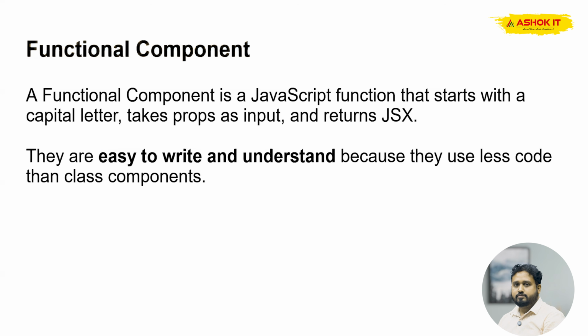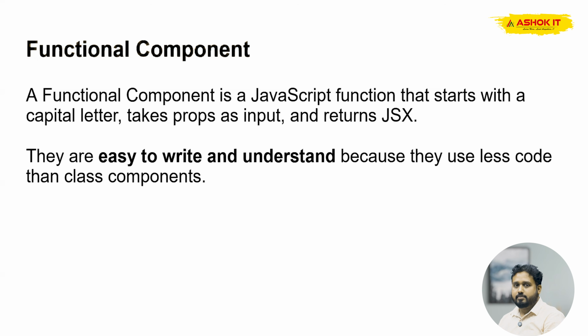Now why do we use a functional component? The JSX code which we have learned how to write, we are going to use inside a functional component. Without a functional component also we can write JSX code, but the problem is we cannot reuse that JSX code. We cannot pass dynamic data to that JSX code.